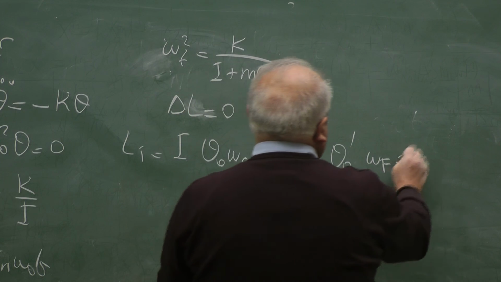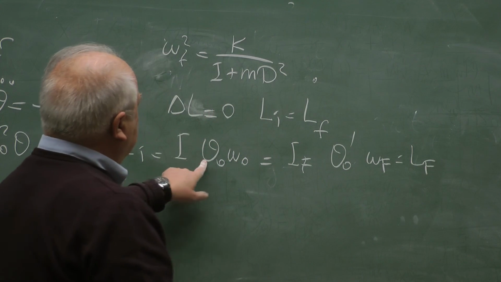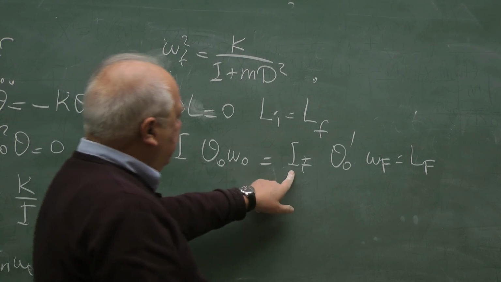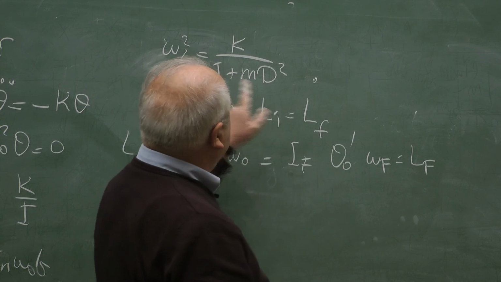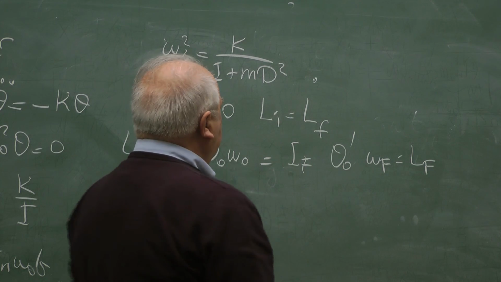What do we know, what we don't know? I, theta 0, omega 0 we know, IF we know, omega f, the final angular speed we know. So all we have to do is find theta 0 prime.